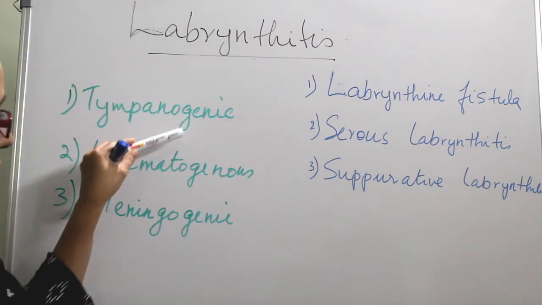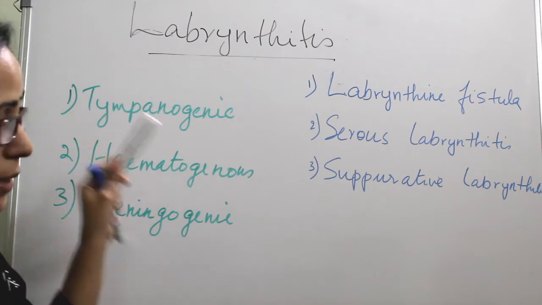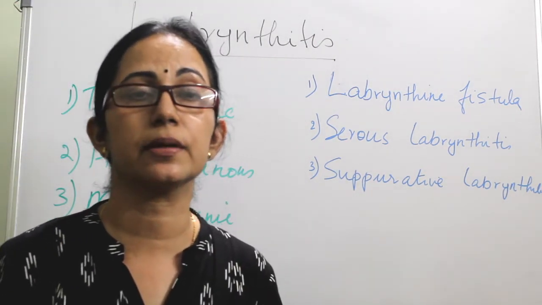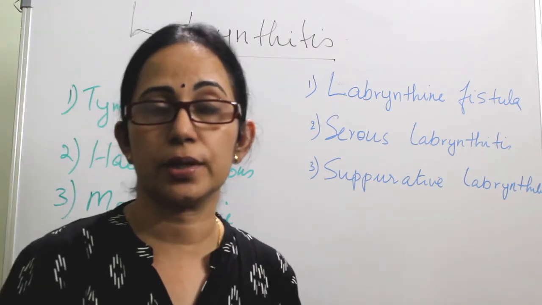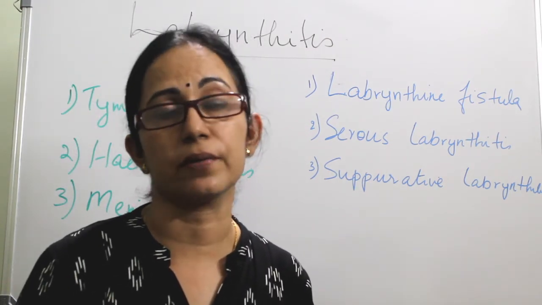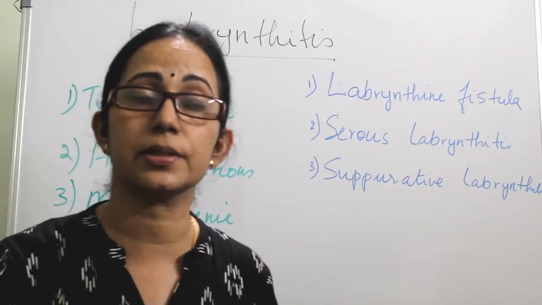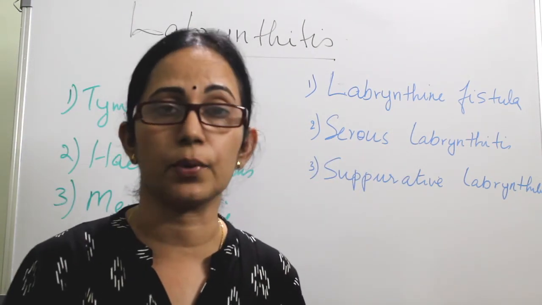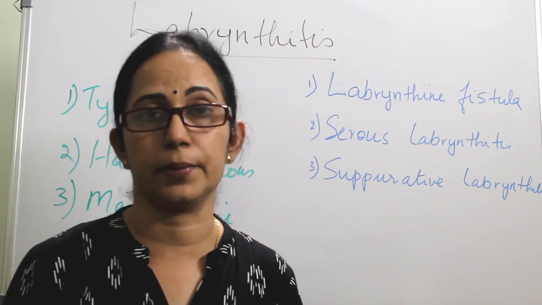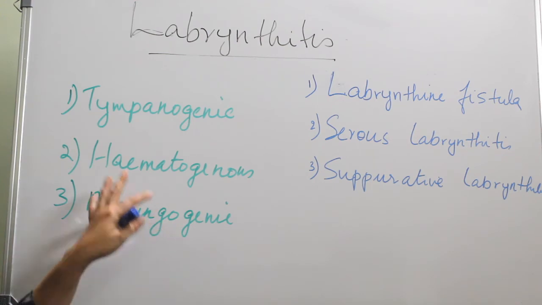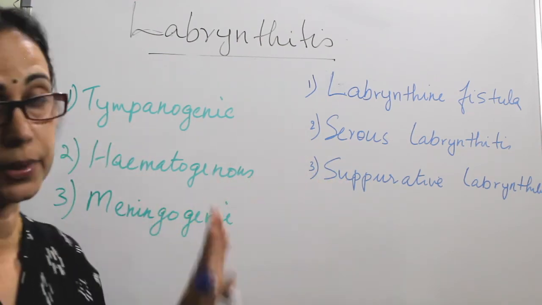So these are the causes. From the middle ear, I already told, it can be a chronic suppurative otitis media, or petrositis, mastoiditis, or temporal bone fractures, or after surgeries, or a serous labyrinthitis. All the causes of serous labyrinthitis, if not treated properly, can progress into a suppurative labyrinthitis. Okay. So these are the modes of infection and also the causes of a suppurative labyrinthitis.